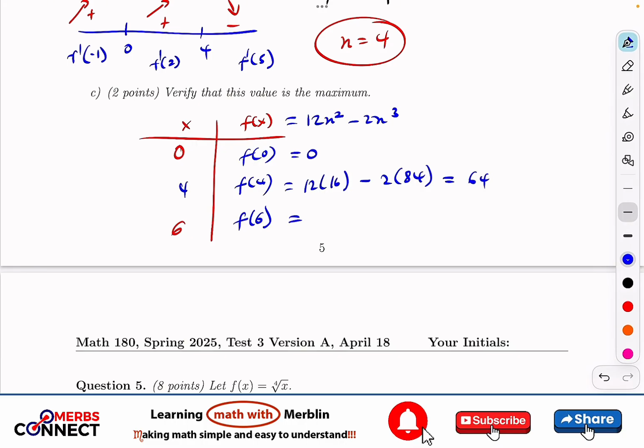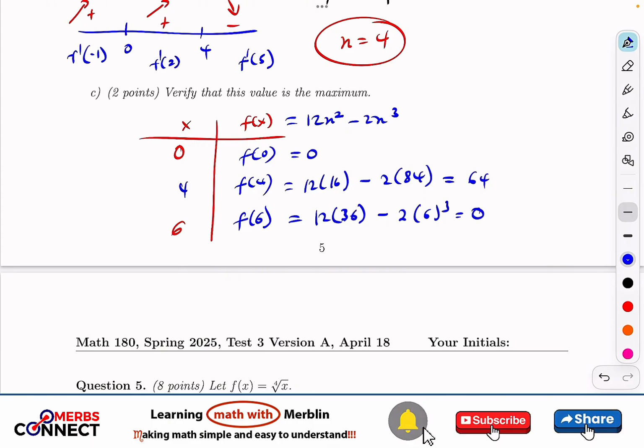Plug in 6. 6 squared is 36. So 12 times 36 minus 2 times 6 to the power 3. That's a lot. I think this one too is going to give us 0. I think the endpoint should be given as 0.